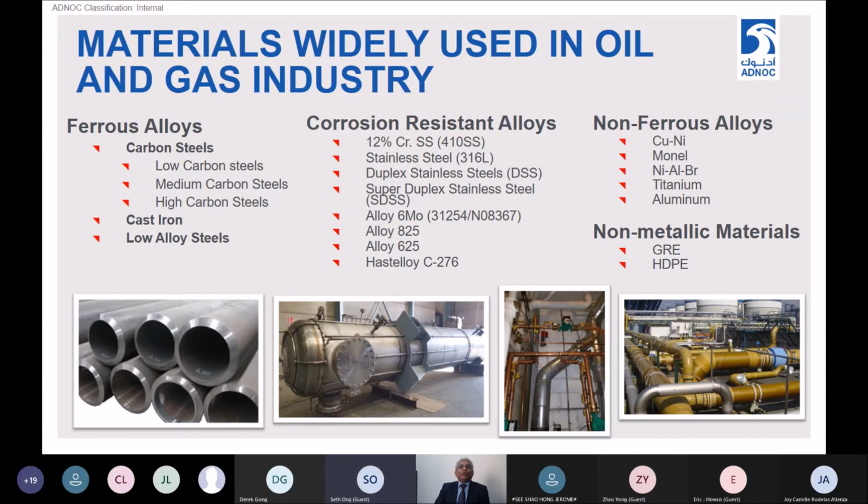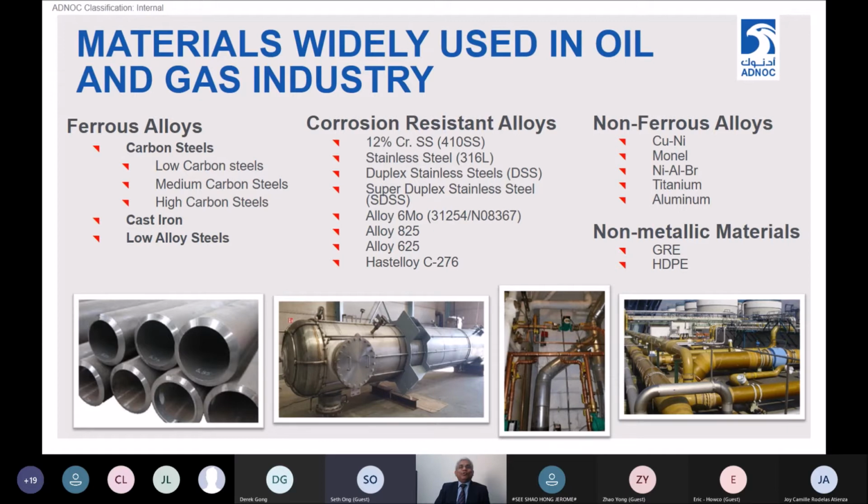Another set of materials that are used heavily in oil and gas at the moment are non-metallic materials. GRE and HDPE, we are looking for contributions in terms of research inputs for developing the use of non-metallics, particularly in our region, the Middle East, because the economy runs around oil and gas.